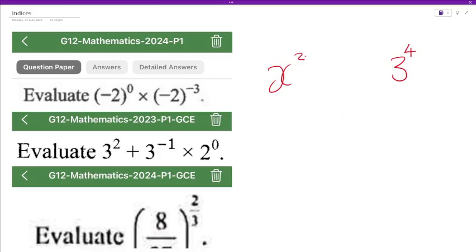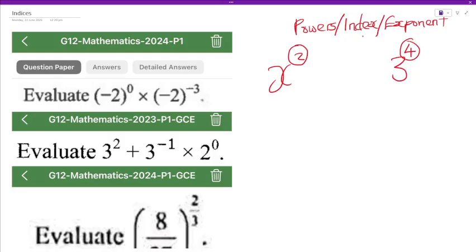These powers, we already know they are called powers. They can also be called indices, or if it is one, an index, plural indices. They can also be called exponents, especially when you go to university mathematics. The powers are called exponents.